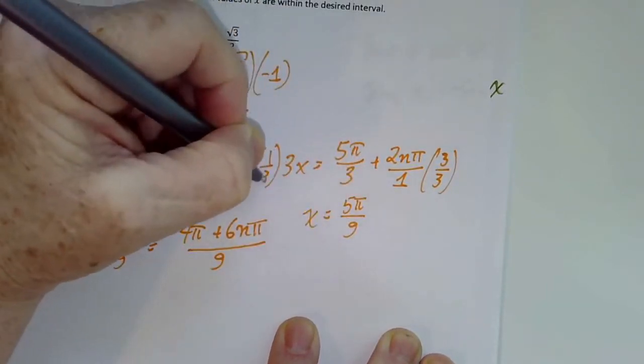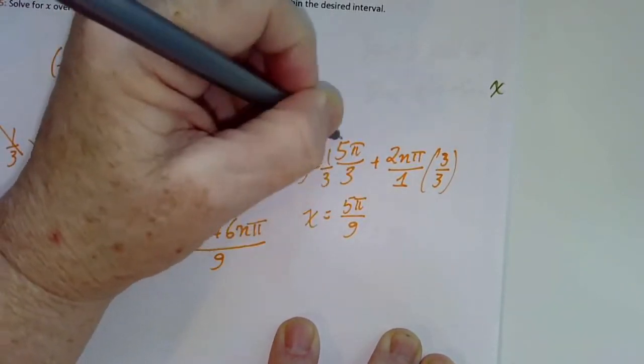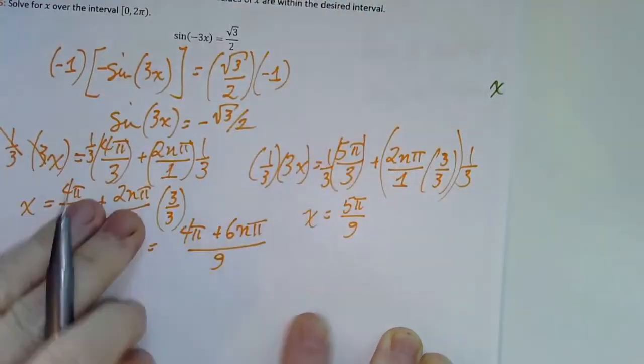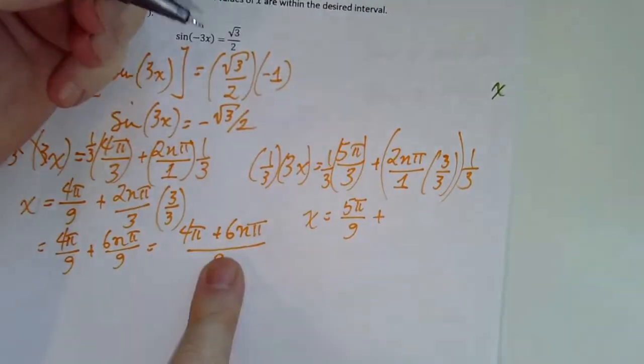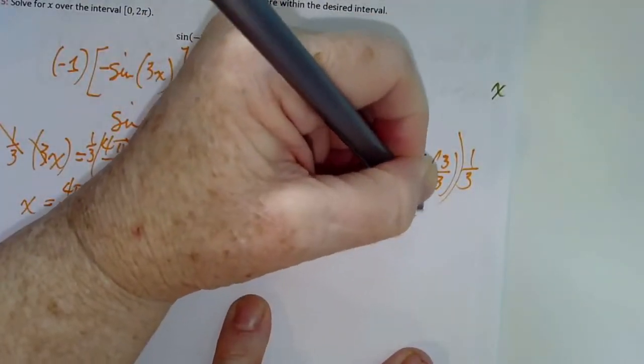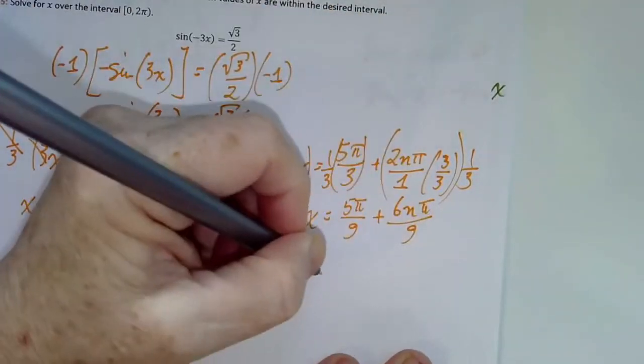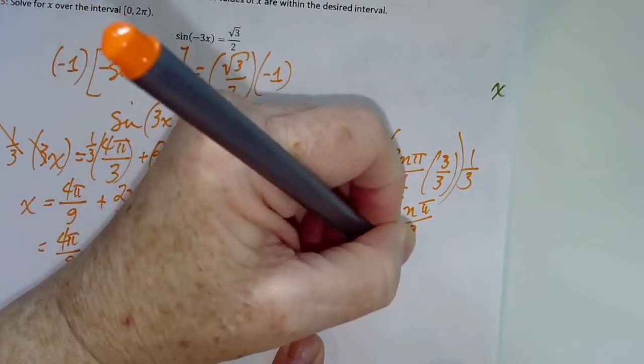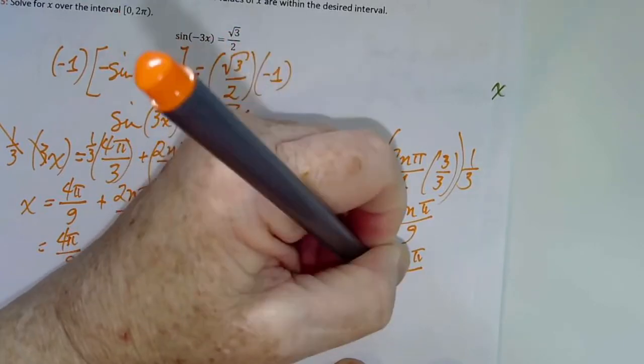If we multiply everything by 1 over 3, plus 6n pi over 9, and we get 5 pi plus 6n pi all over 9.